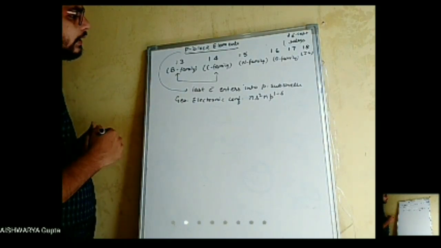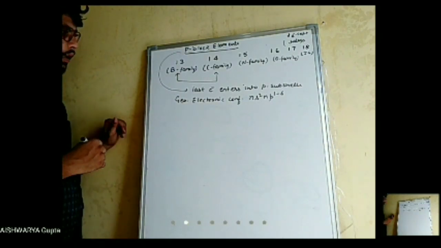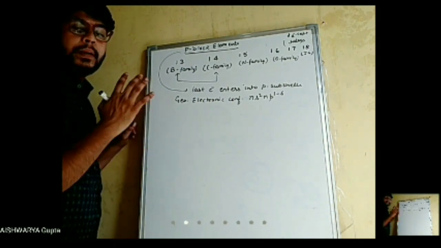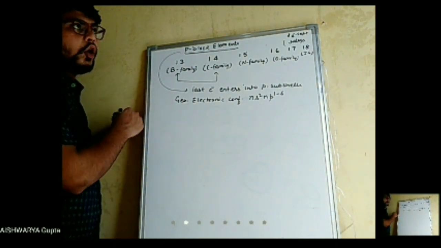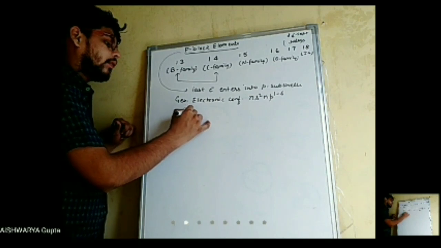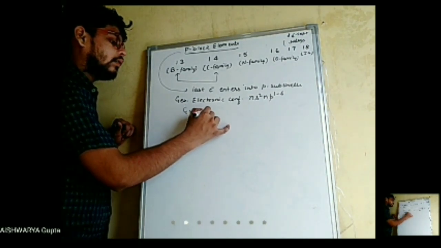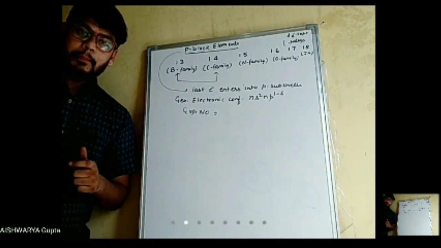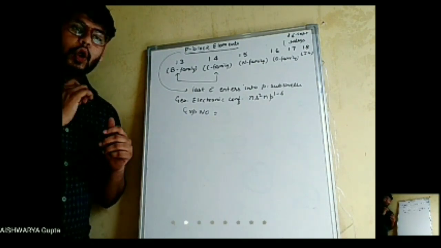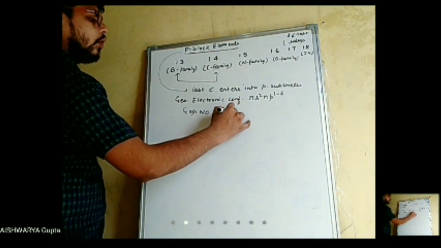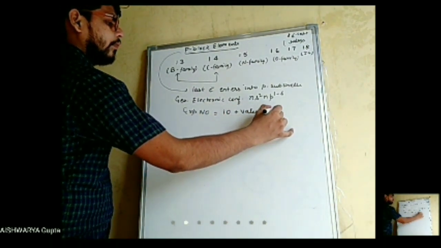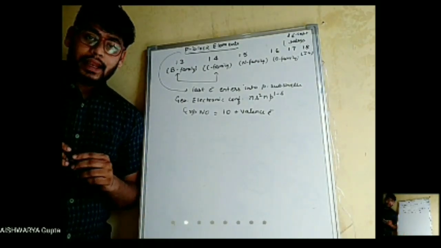The next one is, if I ask about the relation between group number and number of valence electrons, simply, group number in p block elements is always equal to 10 plus valence electrons.